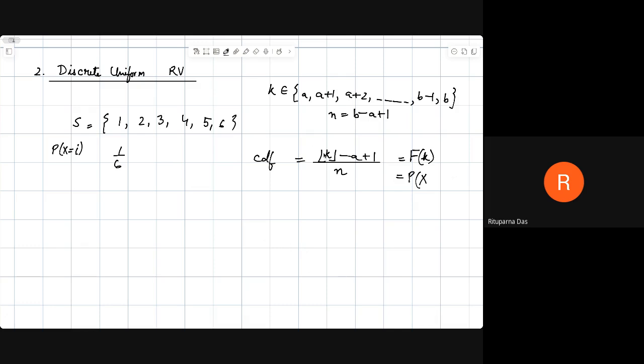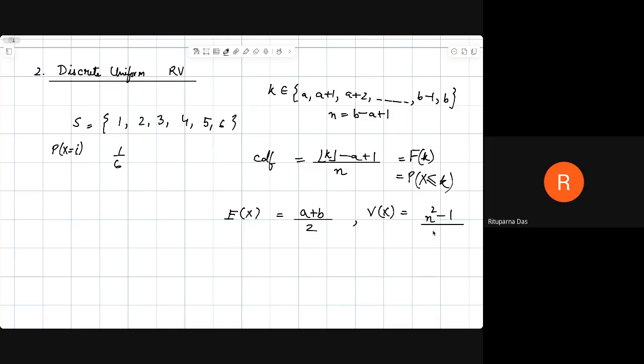Okay, so this is the CDF, and then the expectation will be a plus b by 2, and the variance will be n square minus 1 by 12.